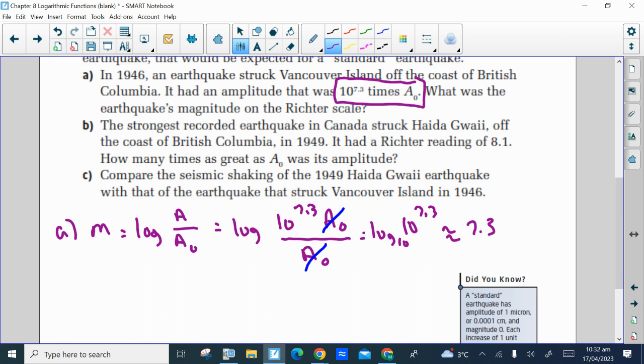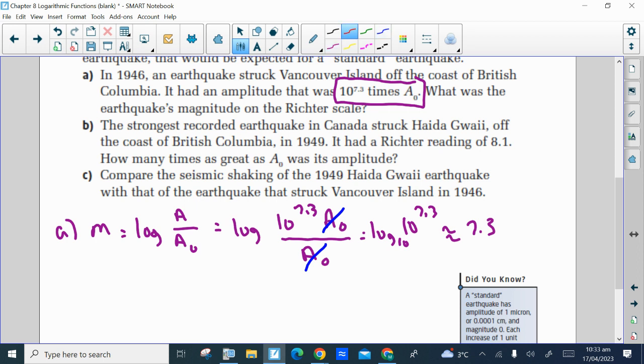And it's not a coincidence that the answer is the exponent. We're going to learn why that is true as we start looking more at logs and the laws of logarithms. Okay? We will see why that is true. But that was the magnitude of that earthquake. That was the number, the reading off the Richter scale. The magnitude is 7.3.